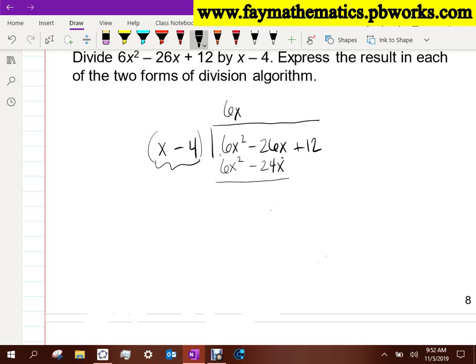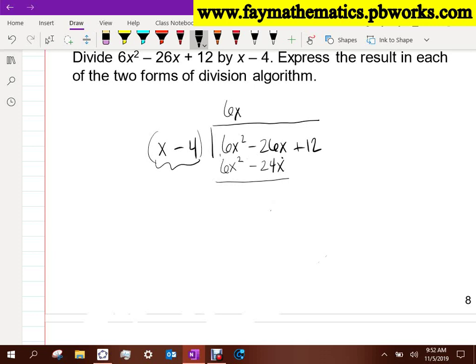You guys remember last year that if the negative 26x was not there, say they told you to take 6x squared plus 12 and divide it by x minus 4, you had to put a placeholder of 0x. Make sure you're paying attention to that. If you don't, you'll have the negative 24x lined up underneath the 12, and they're not going to be like terms to subtract. Placeholders are to line up like terms for us.